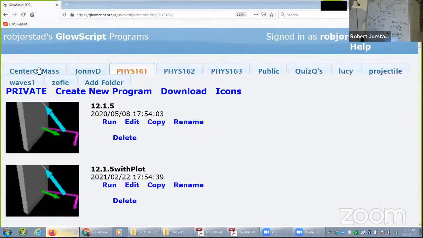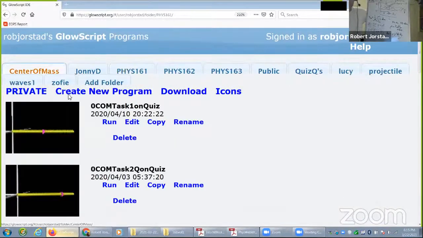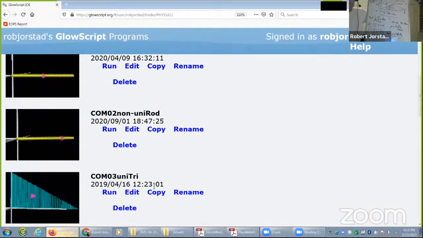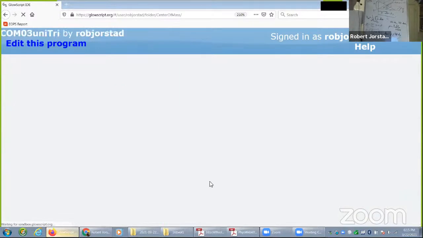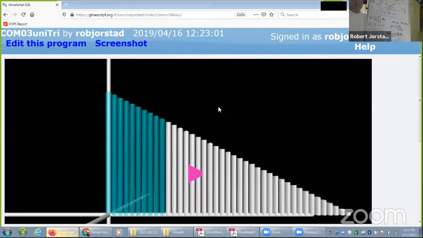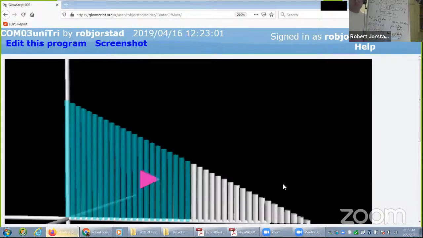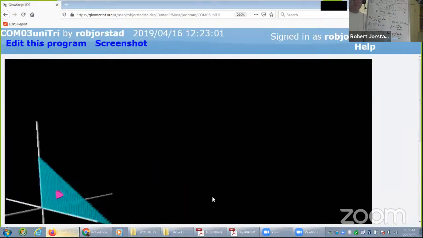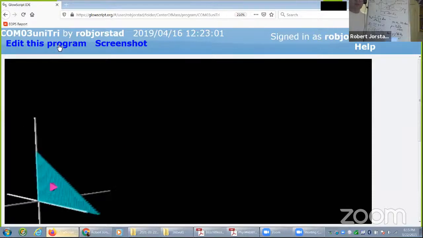All right, so let's go to center of mass. Here's one. What are we effectively doing in this problem? Whoops. Oh, did I move this? Oh gosh, I moved the camera angle.